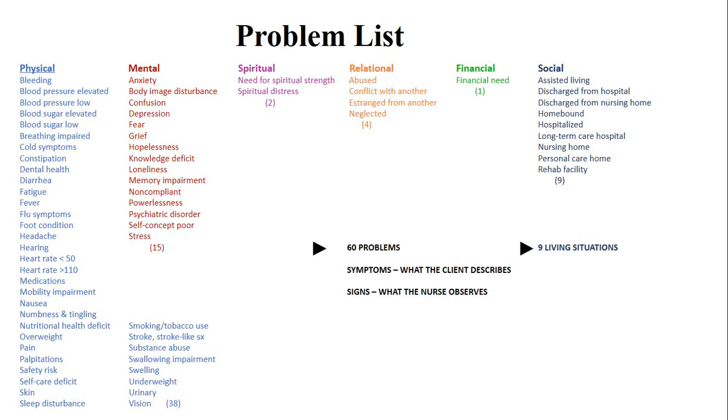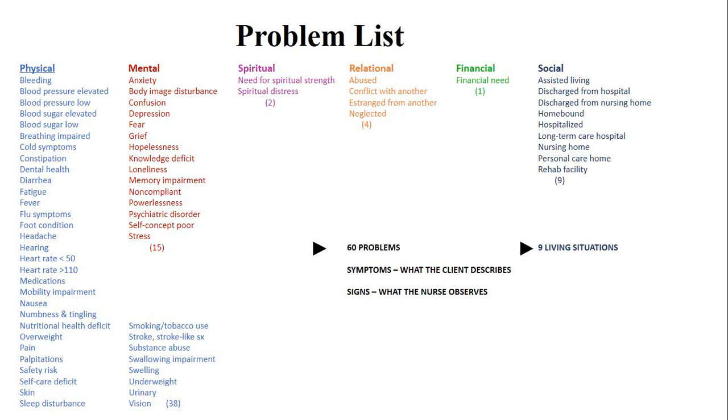I think one of the beauties of just using a simple system like this is that anyone can understand the problems that we are dealing with. So if our pastor wants to know what kind of things we are addressing, everyone would understand blood pressure elevated, fatigue, loneliness, numbness and tingling, whatever.